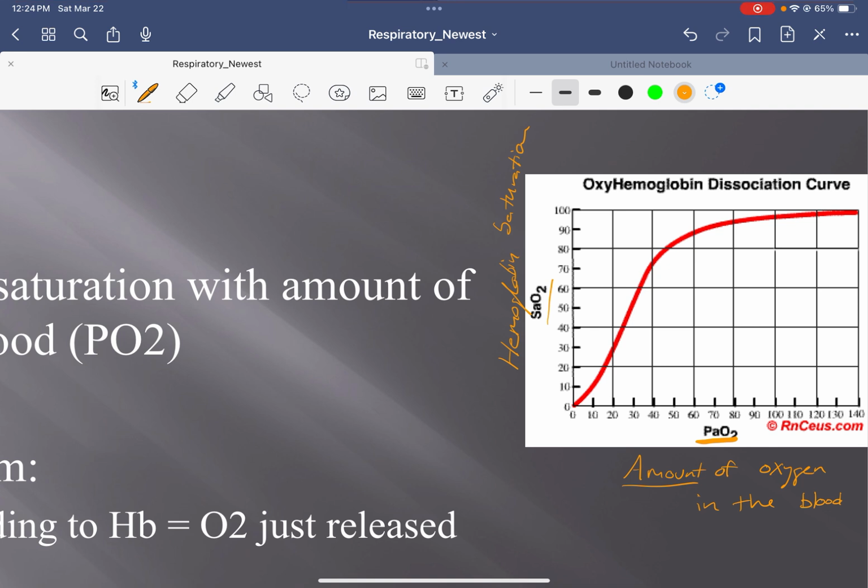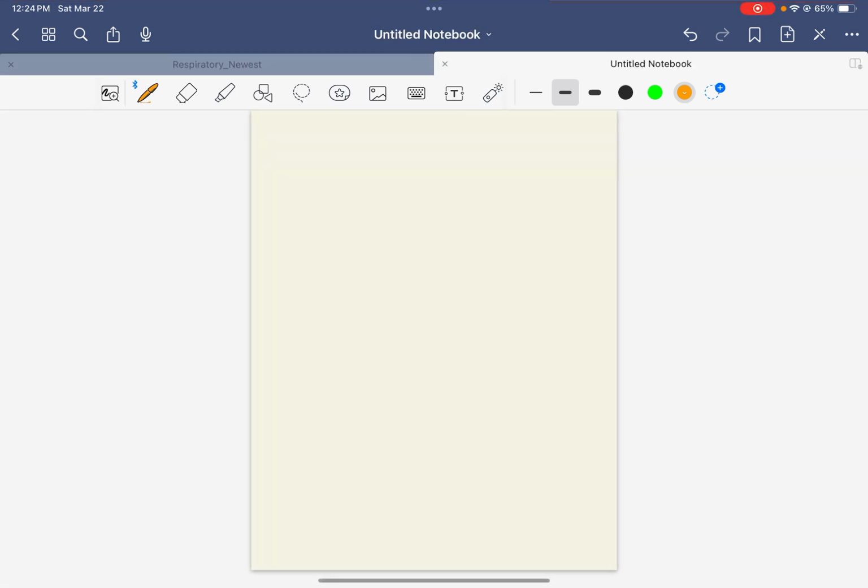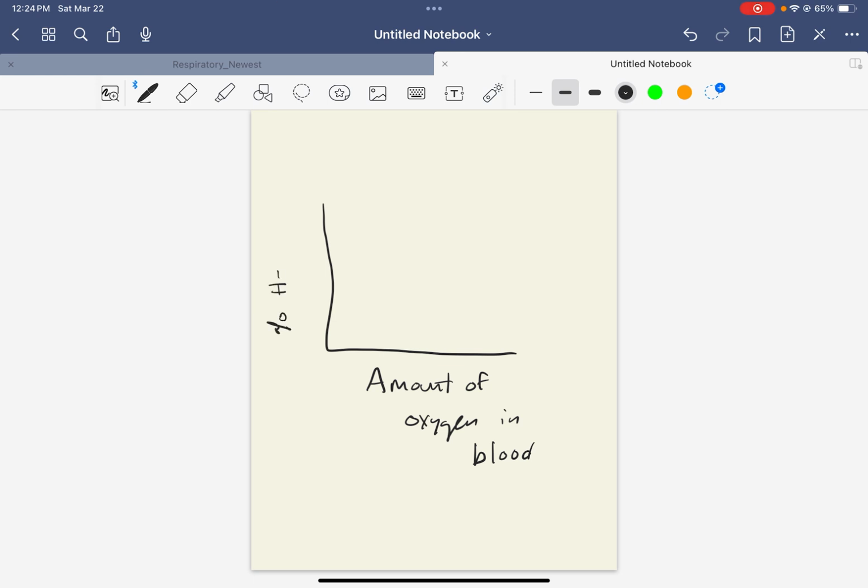This is a direct relationship. Now, I'm just doing this as another way to reinforce, right? So let's just draw the graph out ourselves. We're looking at the amount of oxygen in the blood with the percentage of hemoglobin saturation.